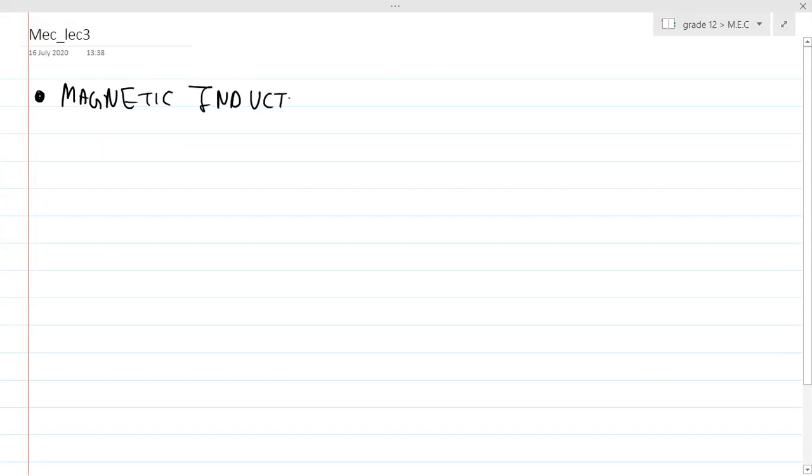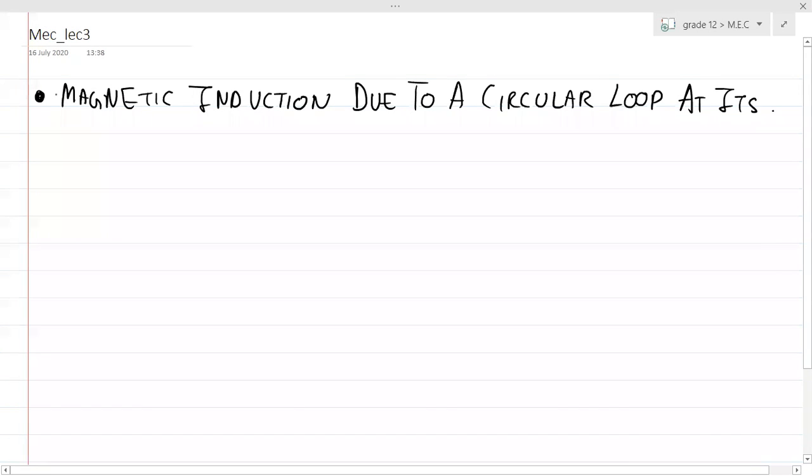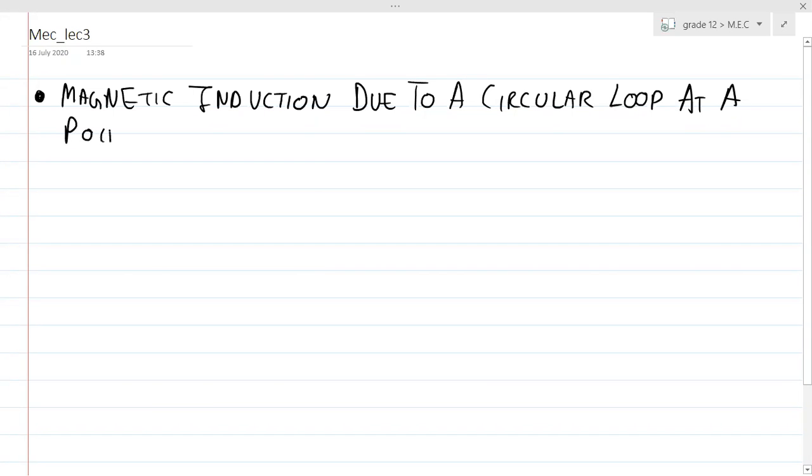I told you now, magnetic field intensity also has another name, which is called magnetic induction, due to a circular loop at a point on its axis.